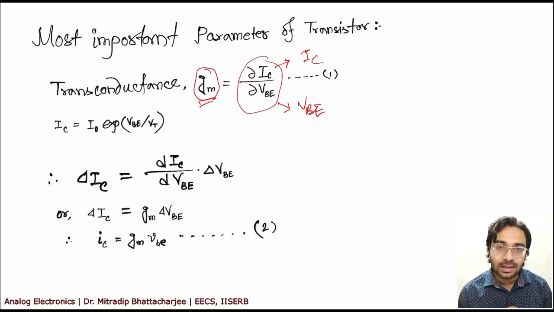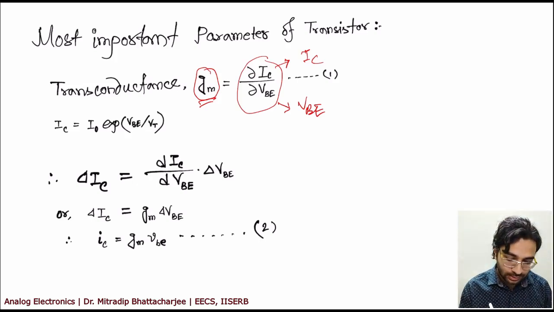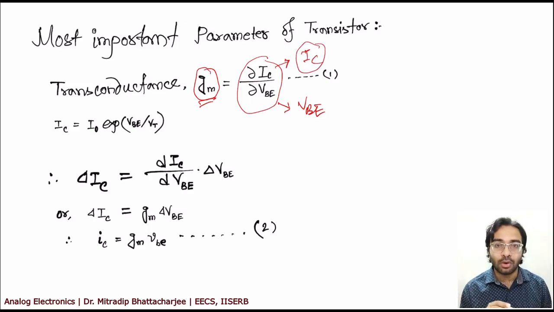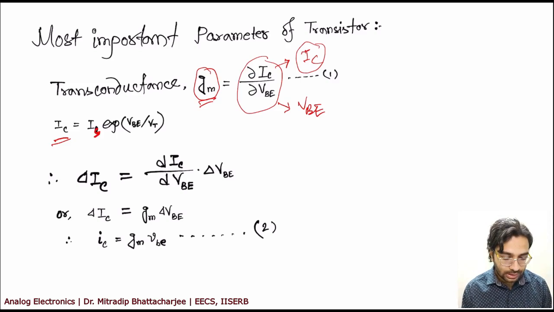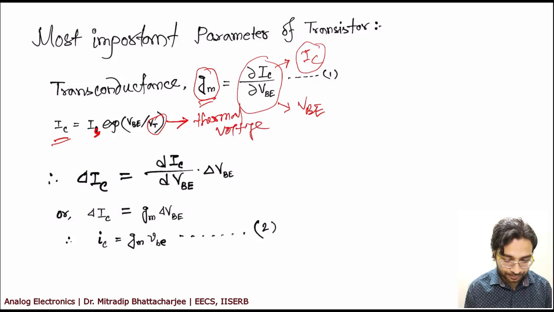Now, as I have said, the base emitter junction or these currents, the collector current will follow this diode equation. So this IC will be IS, the reverse saturation current, times exponential VBE by VT. VT is again the thermal voltage. Now if you do a simple calculation, del IC can be written as dIC by dVBE into del VBE.